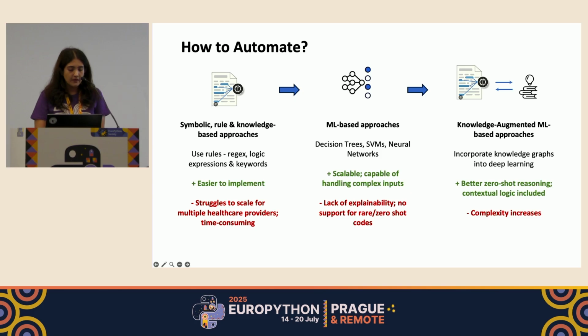Then there are also knowledge-augmented ML-based approaches, where you incorporate knowledge graphs into deep learning. This is slightly better because it helps in zero-shot reasoning and contextual logic is often included. However, as you incorporate knowledge bases with ML, the complexity of the systems generally increases.